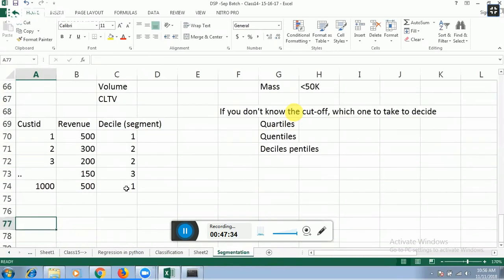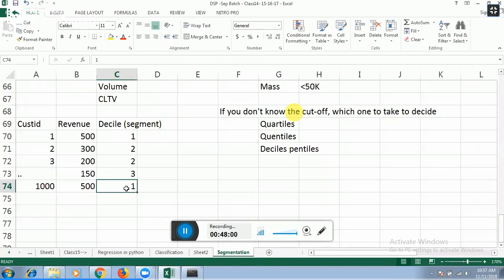Once you have that, you need to understand: if someone is generating high revenue, what are the characteristics? If someone is generating low revenue, what are the characteristics? So that when I'm acquiring a new customer, I will acquire customers with the characteristics of generating high revenue.